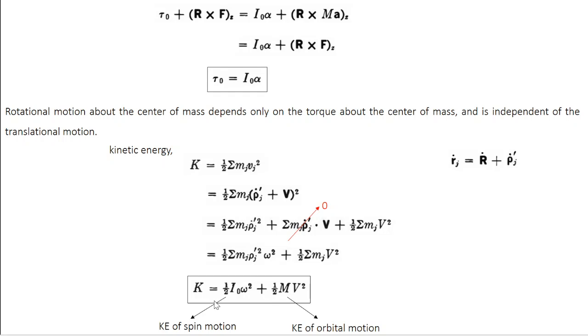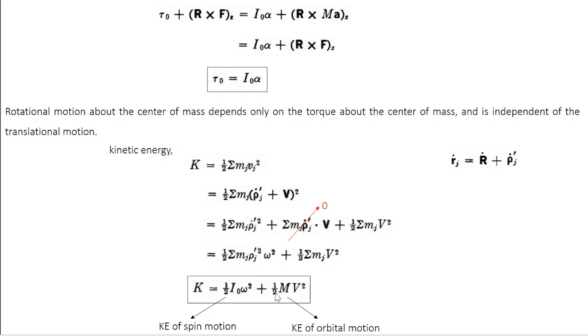So once again you find that kinetic energy also has two components, where the first component is related to the rotational motion around the center of mass. This is nothing but the spin component, or more precisely the kinetic energy of the spin motion.